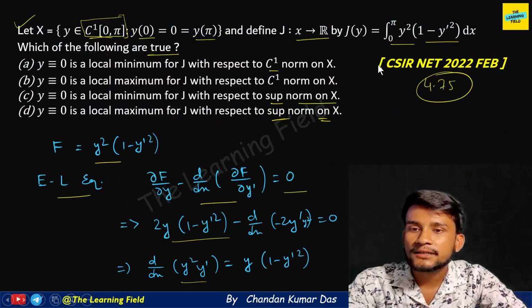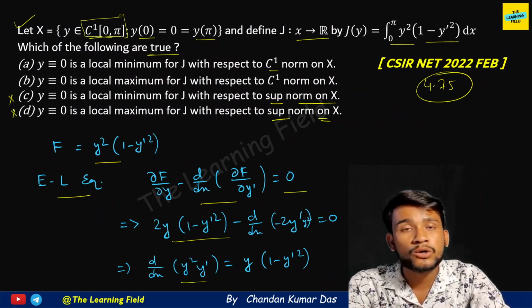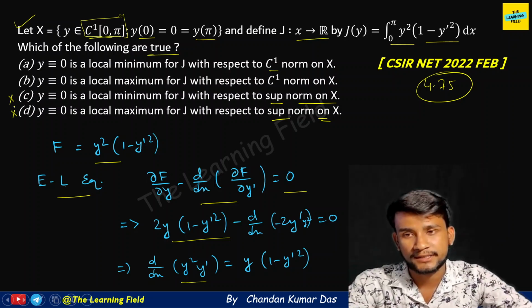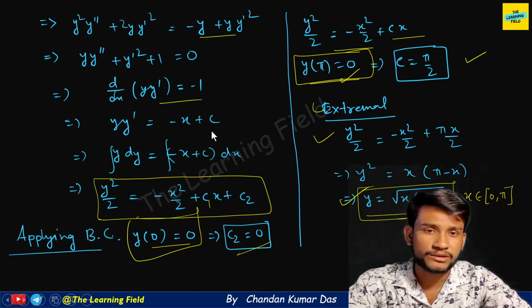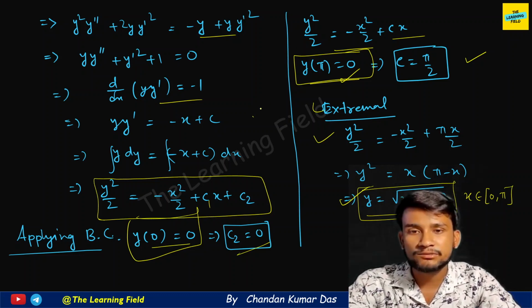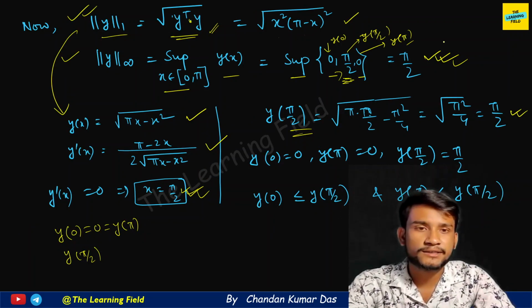Therefore we discard these two options, because the supremum of y is pi by 2, so y is not identically 0 in that case. So we can discard option C and option D. I think you all can understand these norms.